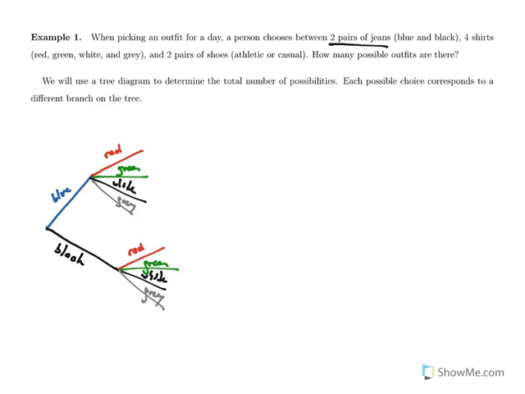So from each of the jeans, the blue and the black, we can say 4 different branches going out, representing our 4 choices for our shirts. And then from each of those, we have 2 choices of shoes.